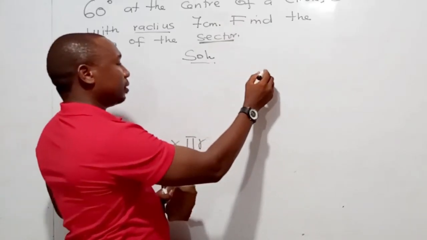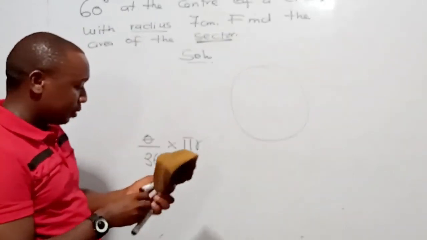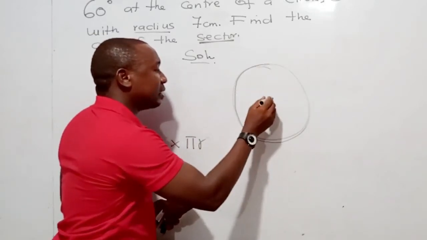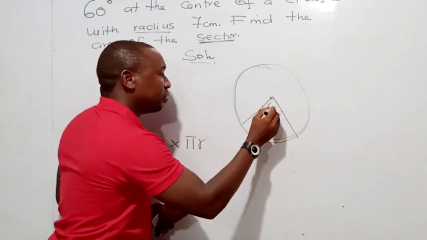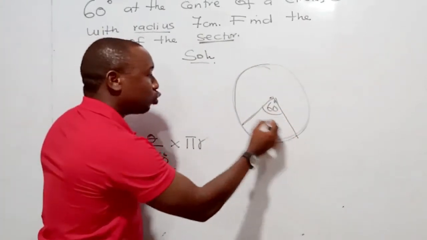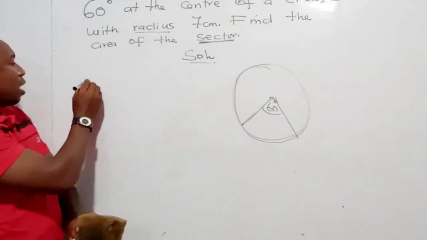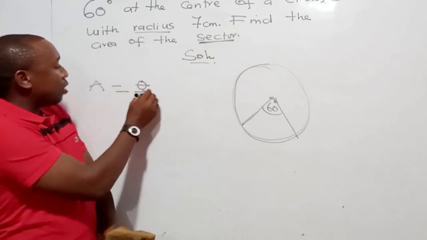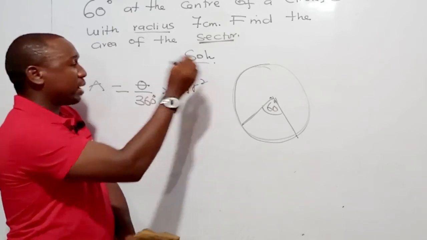When you draw the circle, the question clearly states that this arc subtends an angle of 60 degrees here. So it means this sector occurs with 60 degrees. And so by using the formula here, our area will be equal to theta out of 360 degrees times pi r squared.